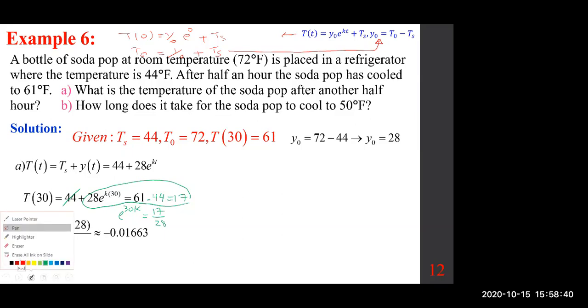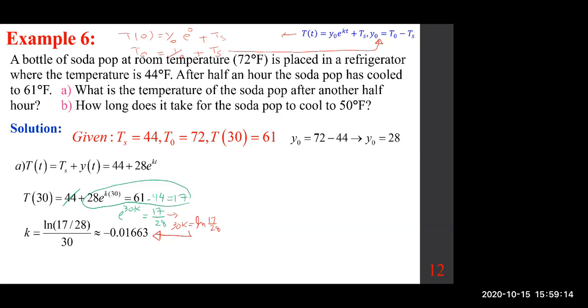So I'm going to take the natural log of each piece. When I take the natural log of the left side, I get 30k, and the right side, ln of 17 over 28. I divide by 30, that becomes the k. So I hope everybody is clear what happens.